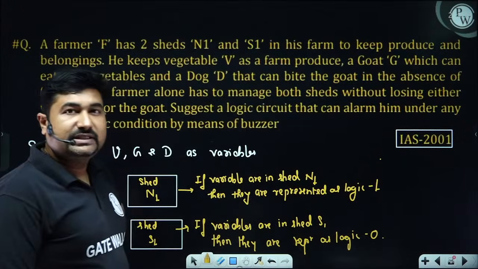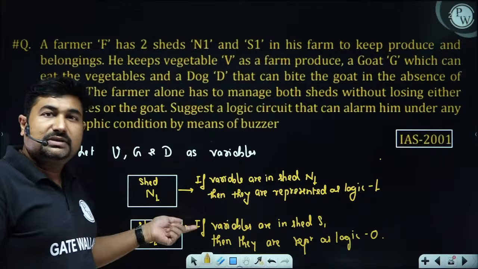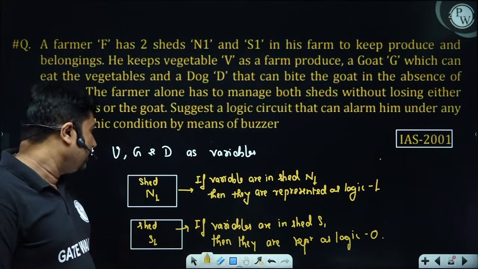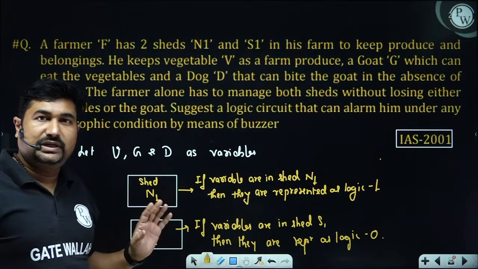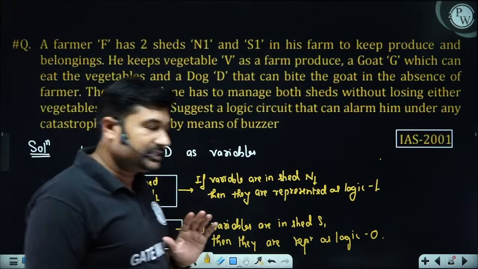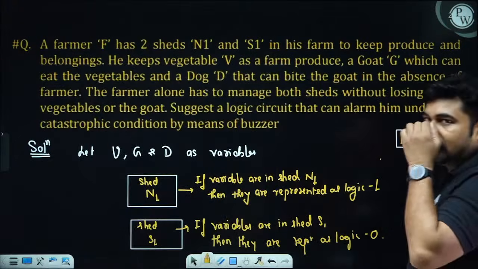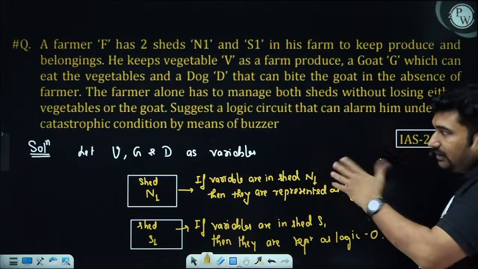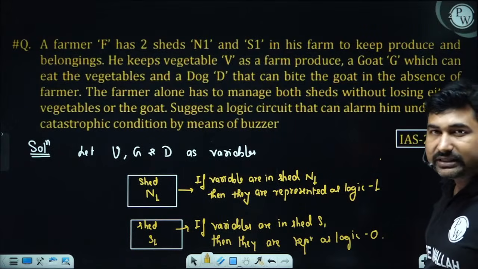So if I say vegetable V is logic 0, it means vegetable V is present in shed S1. If I say vegetable V is logic 1, it means vegetable V is in shed N1. That is how I am defining logic 0 and 1 for the two sheds S1 and N1.